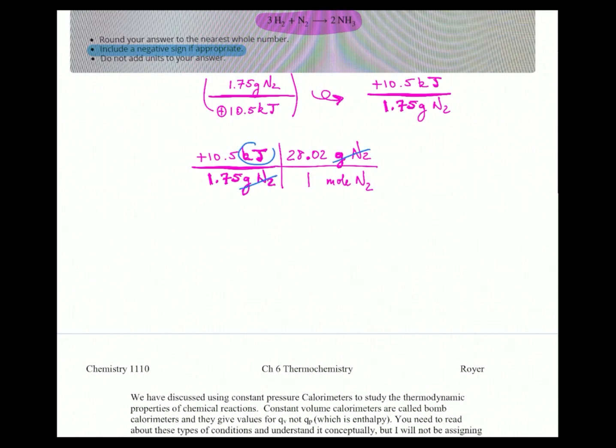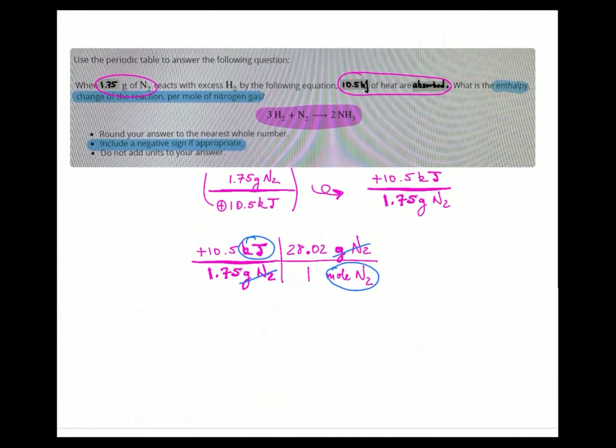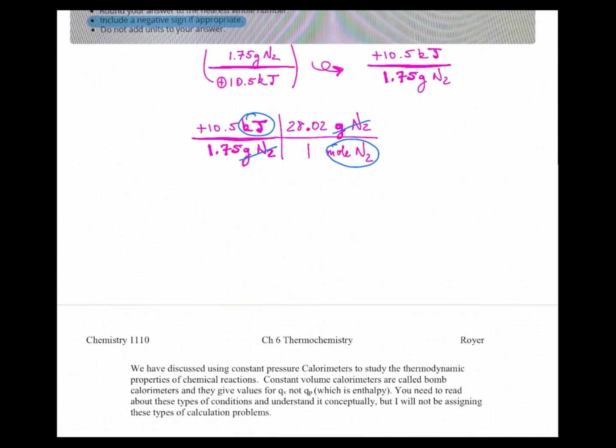You're going to get kilojoules per mole of N2, which is exactly what they asked for. Enthalpy change, which is kilojoules per mole of N2. So that's how you work this one. If you plug and chug through that correctly, you will get 168 kilojoules per mole of N2.